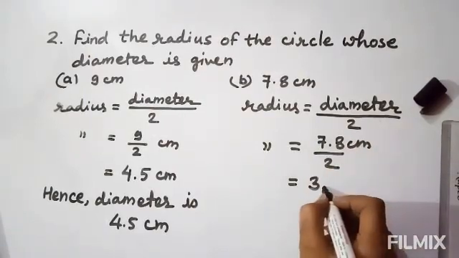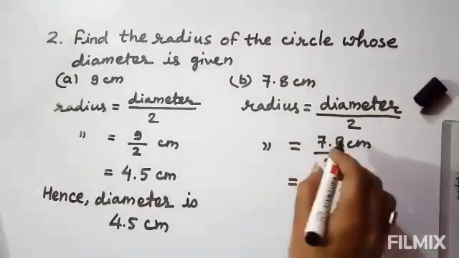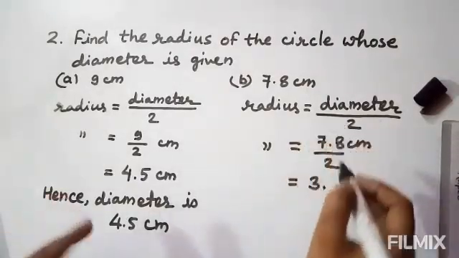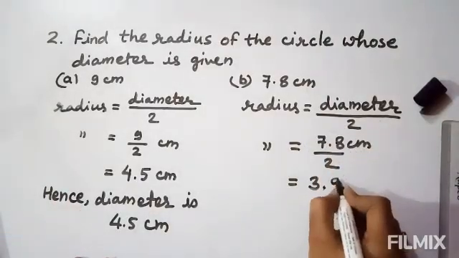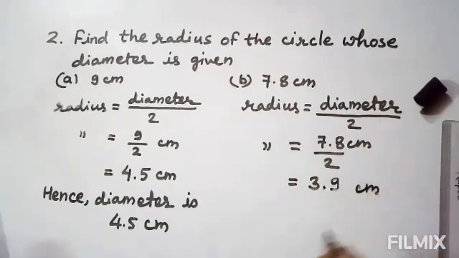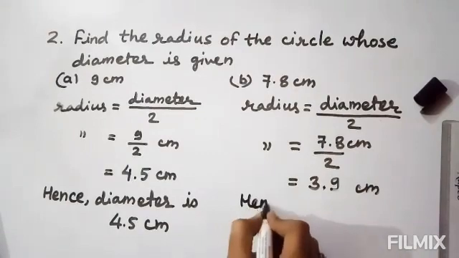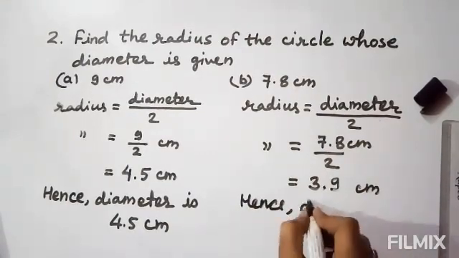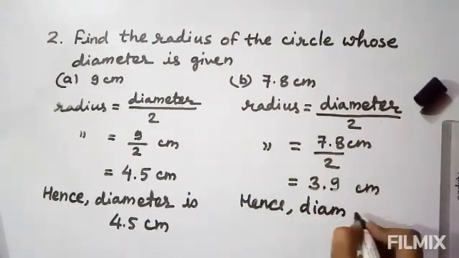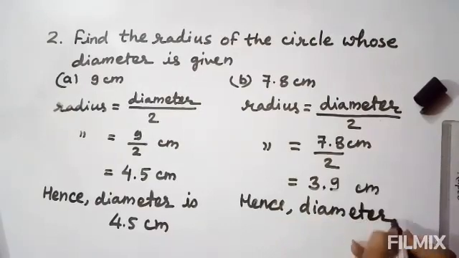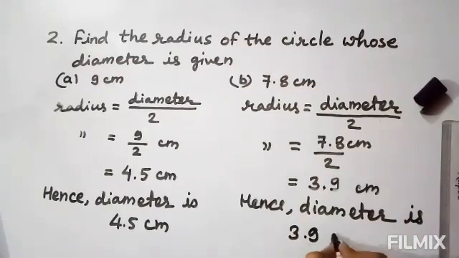We will put the decimal in the quotient. That will change into 18. 2 9s are 18. So we get the radius in this question, 3.9 cm. I hope you have understood how to solve these types of questions.